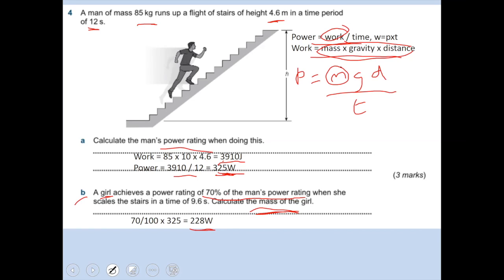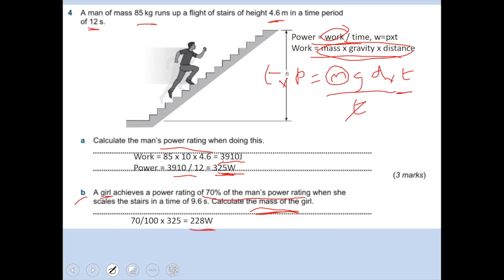This is where the algebra gets a little bit complex, but the basic principle is that whatever you do to one side of the equation, you do to the other in order to cancel down. First I'm going to get rid of that t by multiplying by t on both sides.